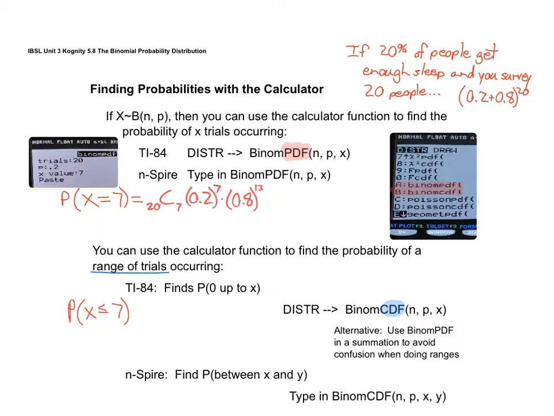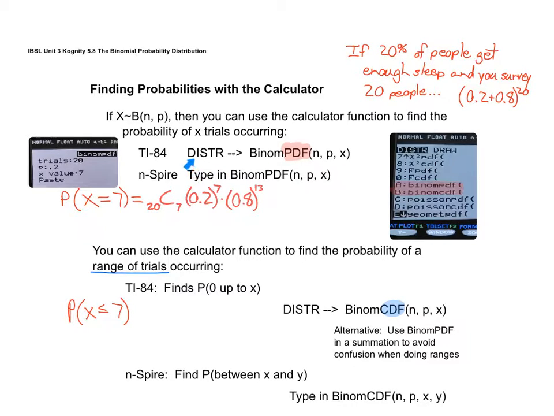But the nice thing is your calculator actually has a nice built-in function called binomial PDF. Okay? Now you can see it right here. The way you get to it is by going to distributions. That's second vars on your calculator.